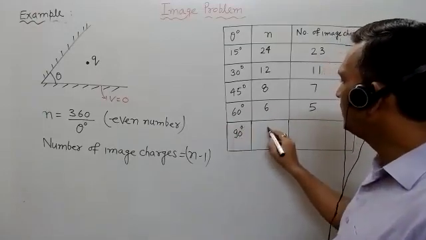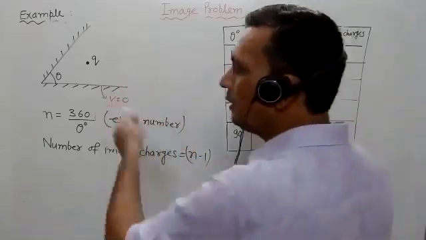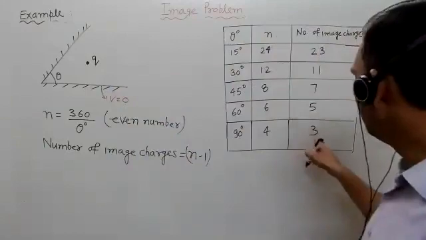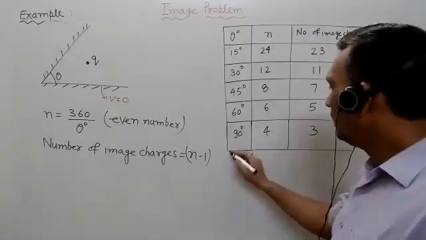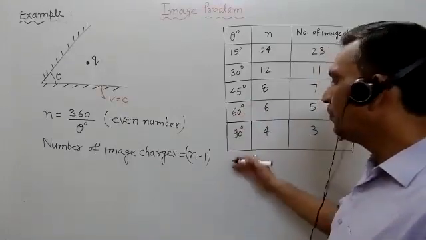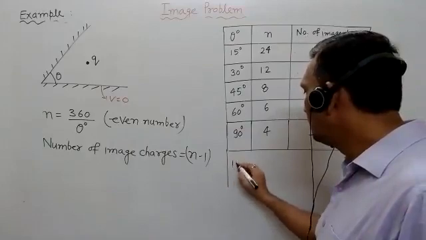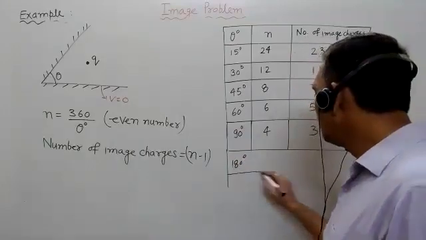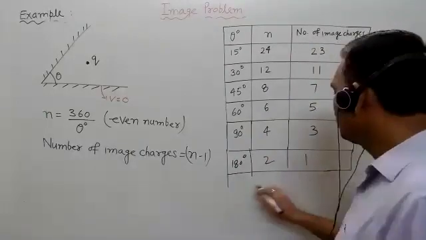I have discussed this, n will be 4, image charges will be 3. In the previous example, the angle is 90 degree, so image charges will be 3. Similarly, when it is 180 degree, n is 2, so you will get 1 image charge only.